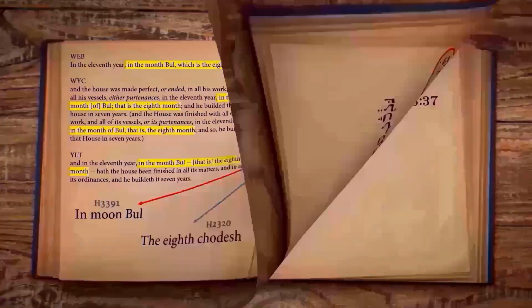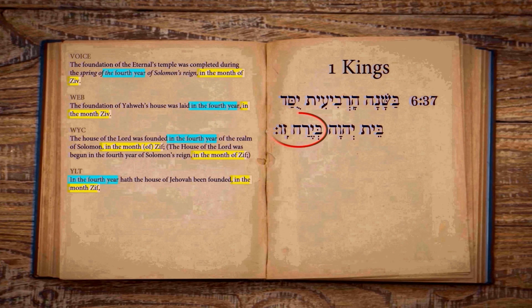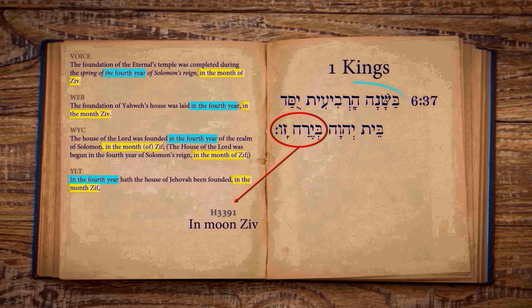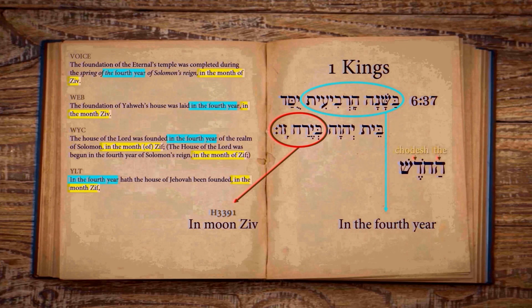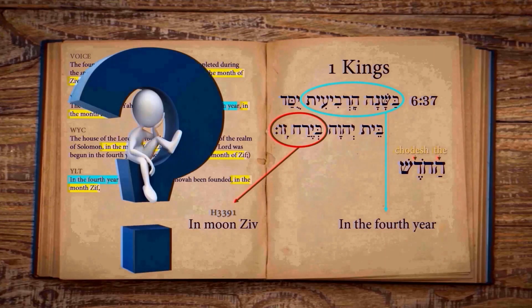This interpretation of Scripture also appears in the prior verse, 1 Kings 6:37: in Yarach, in moon Ziv, and in the 4th year. Even if you don't read Hebrew, those Hebrew letters aren't there. In this particular verse, they're translating it as month, but Kodesh isn't there.